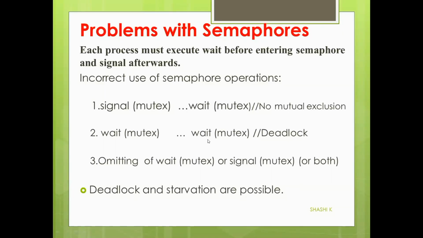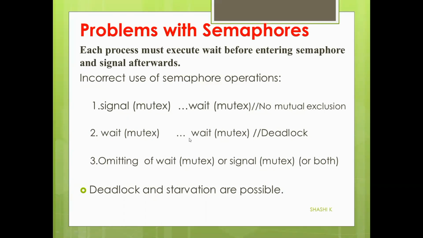The second problem is, instead of putting a signal operation after the critical section, if the programmer due to some error puts a wait operation after the critical section, what happens is that only one process will get through. That process which has finished its execution has decremented the value of the mutex instead of increasing it. So no other process will be able to enter the critical section after that.